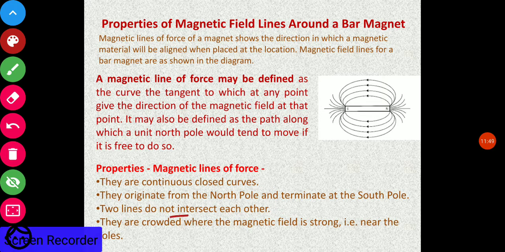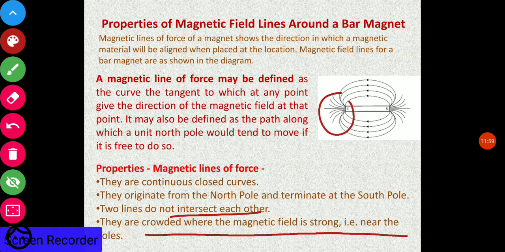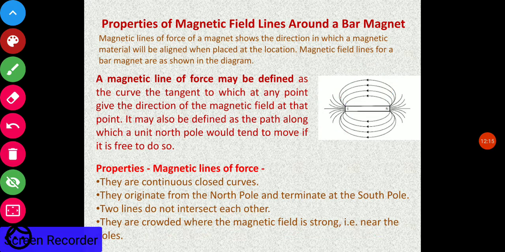They are crowded where the magnetic field is strong, that is near the poles. From the diagram it is clear that near the poles the magnetic field lines are crowded. So just by seeing that, if the field lines are crowded, the magnetic field is stronger; here the magnetic field is weaker.